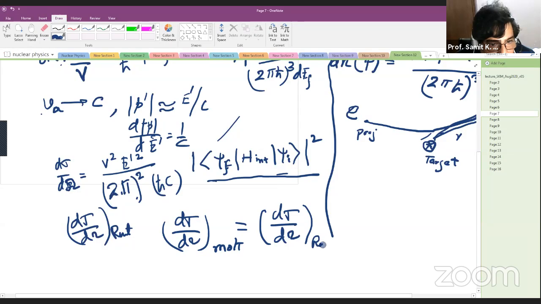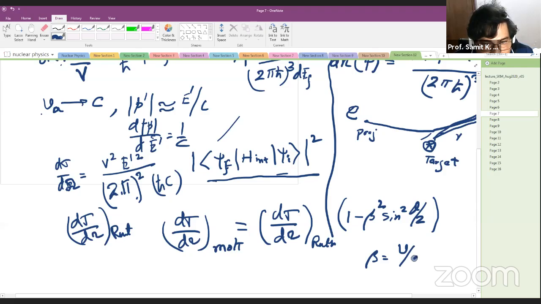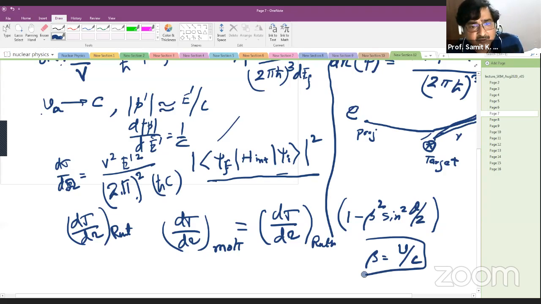This is your Rutherford cross section, multiplied by one quantity, 1 minus beta square sine square theta by 2. Theta is the angle between the incident particle and the scattered particle, and beta is equal to the incident velocity by c. So this is the Mott scattering cross section.